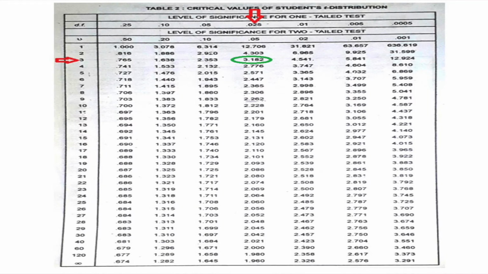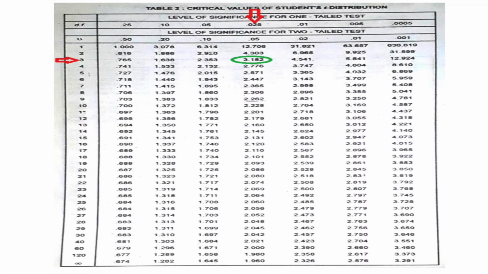To find the critical table value of T, look at the T table shown. The degree of freedom is referred in the row and the different levels of significance are shown in the columns. The significance of regression coefficients is based on a two-tail test. So, look at the level of significance corresponding to the two-tail test.